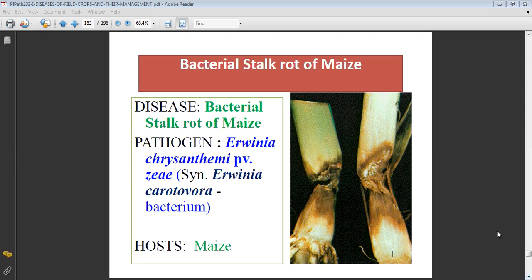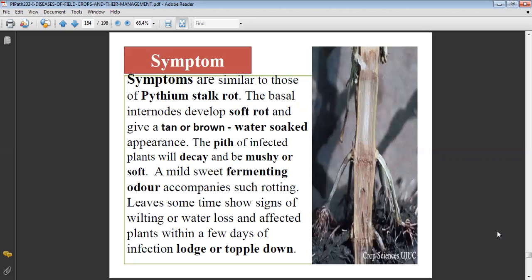Now, the bacterial stalk rot of maize has symptoms similar to the Pythium stalk rot. The basal internodes develop soft rot, and as you can see in the picture, it gives a tan or brown and water soaked appearance. This is the area which is shown. The pith of the infected plant will decay and become mushy and soft.